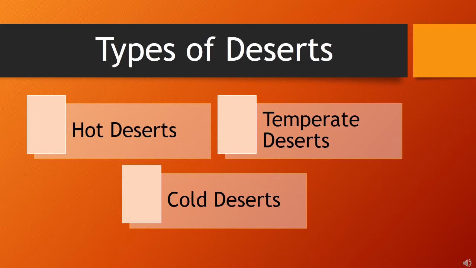Of course, the deserts in the polar areas are examples of cold deserts. One example of a cold desert is the tundra in Russia. So that is all we discussed in our previous video. Now today we are going to study something different. This was all about the recap of the previous video.